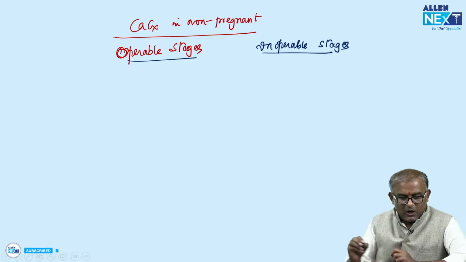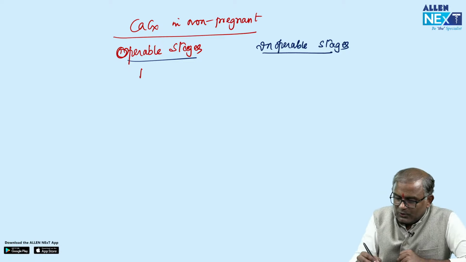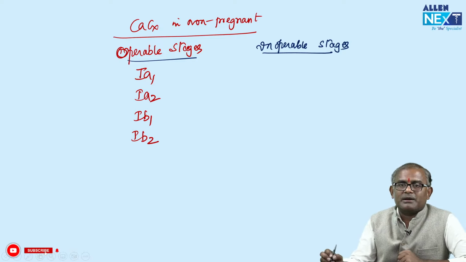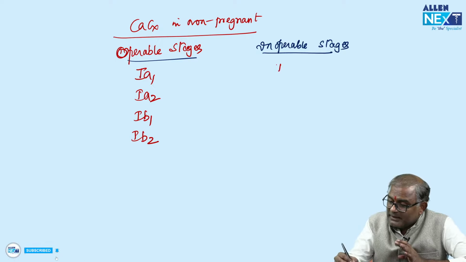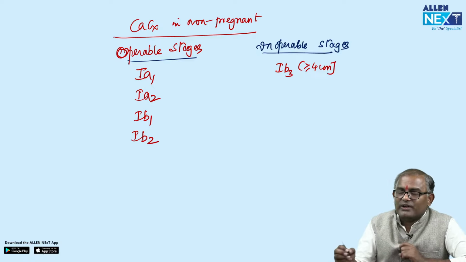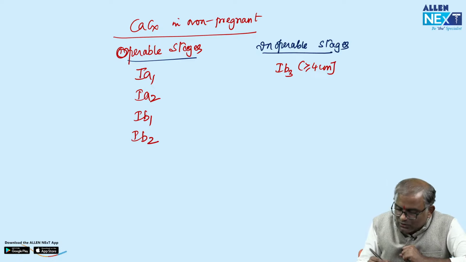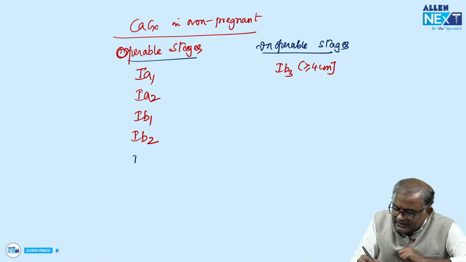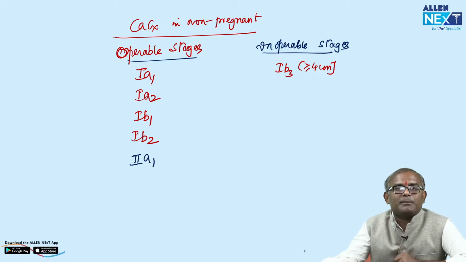Now, dear doctors, operable stages: I told you 1A1 is operable, 1A2 is operable, 1B1 is operable, 1B2 is operable, but 1B3 is not operable. Why? Because it is more than or equal to 4 centimeters. Any stage with tumor size more than or equal to 4 centimeters, definitely you have to go for chemoradiation, no surgery. Then 2A1 is operable.